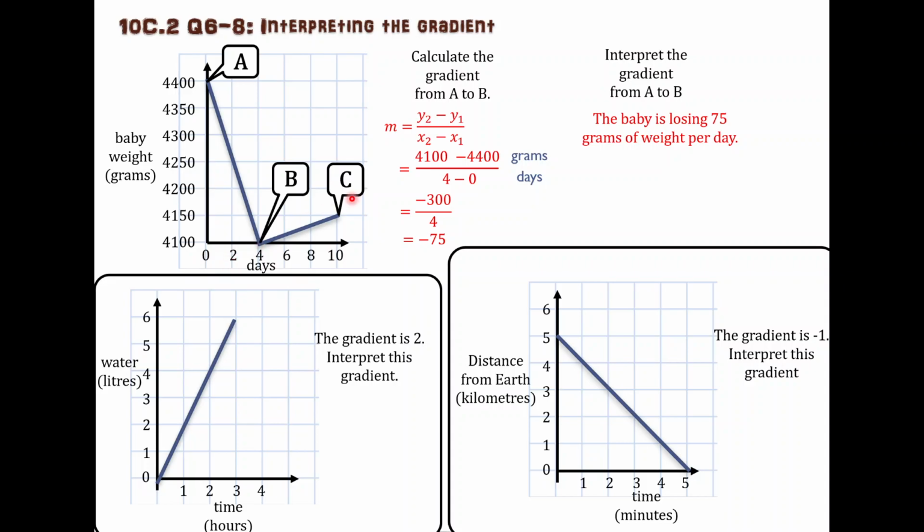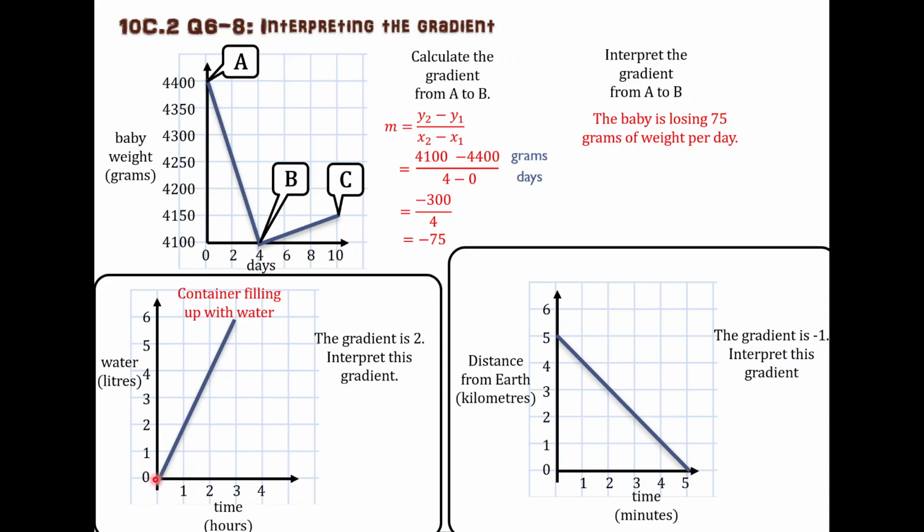We'll do a few more interpreting graphs, but I won't make you calculate the gradient for these. I've already figured it out for you. Here I have a graph of the amount of water in litres and the amount of time in hours. This graph might represent a container filling up with water.